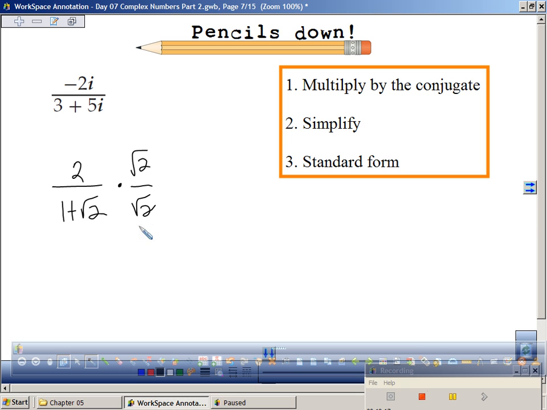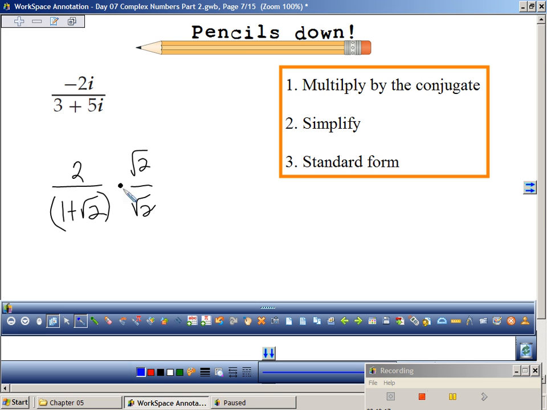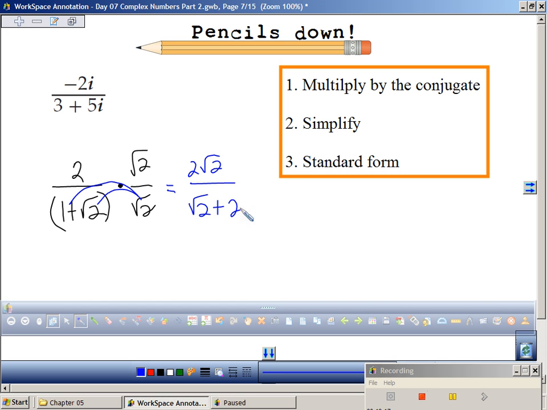No, that's not why. Because when I multiply this times this, I have to distribute. And when I distribute, I get 2 root 2 and root 2 plus 2. I still have a radical underneath there. So it didn't work. It didn't help me out. So this, we have to actually use the whole method of multiplying by the conjugate.